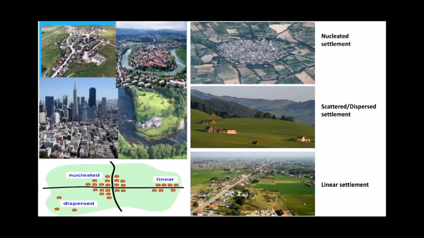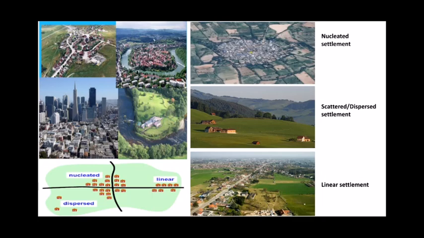The location of a nucleated settlement can be determined by a range of factors, including being easy to defend, close to a water supply, or located at a route center. These kinds of settlements are developed where defense is a priority, so they are mostly found near river areas, fertile land, and hilltops.